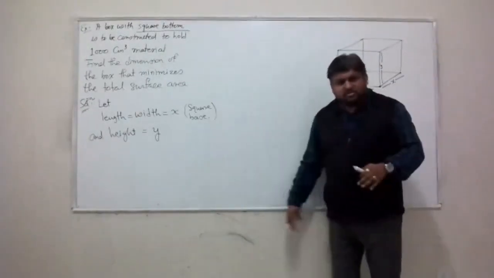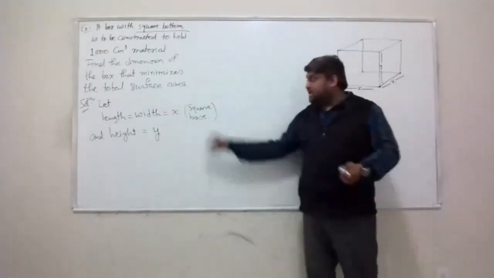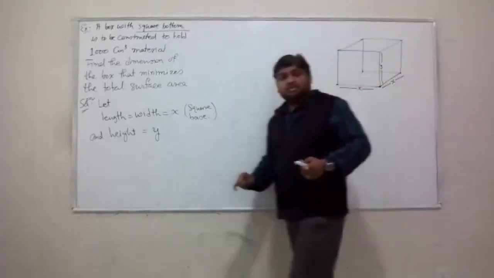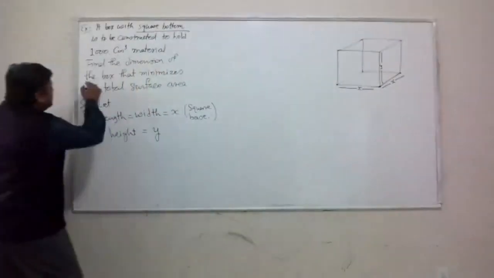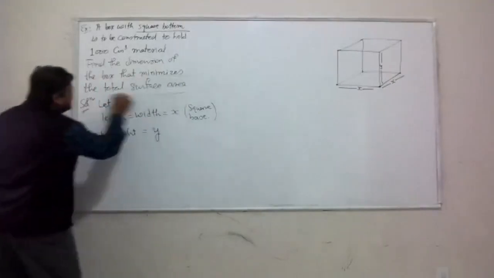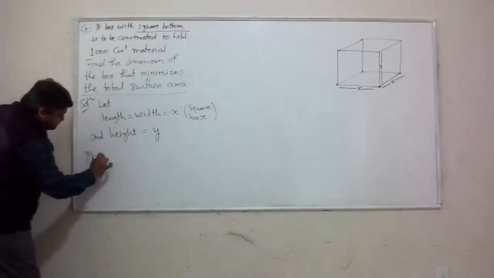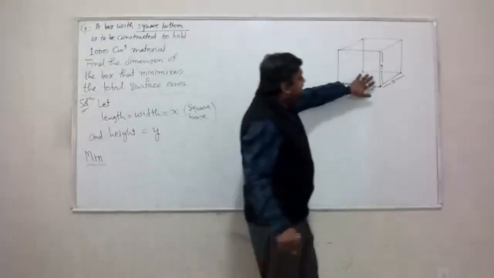So as you see, I finished the first 2 steps. I read the problem carefully and then I assigned the variables in the picture itself. All right. Let's find out, what do we want to maximize or minimize. We want to minimize the total surface area. There are 6 surfaces, right?